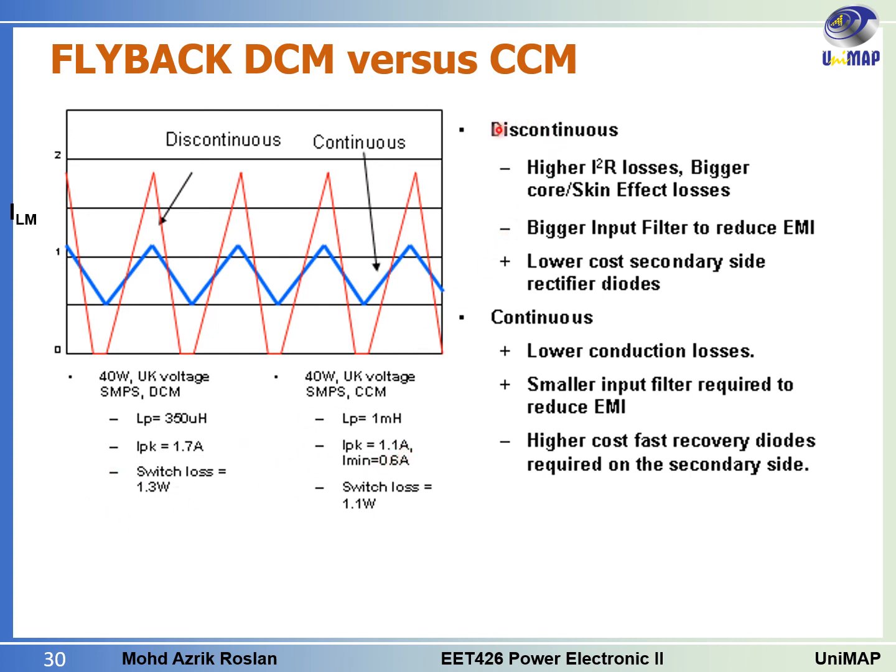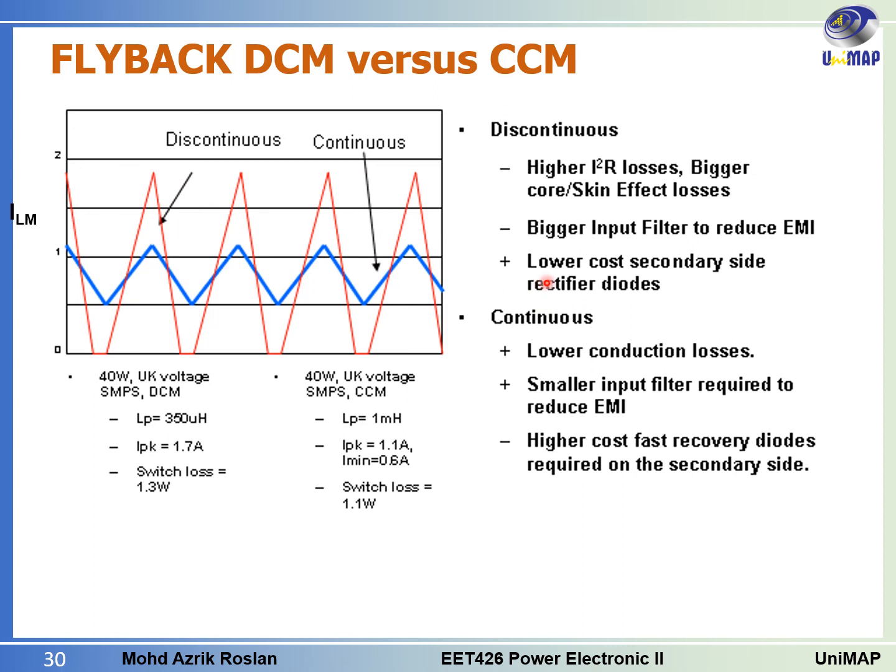So the disadvantage of having the DCM is that it will have higher I square R loss, because even for the IM current here, the value is higher, so the I square R losses will be bigger. And for the DCM, we require a bigger input filter to reduce the electromagnetic interference.